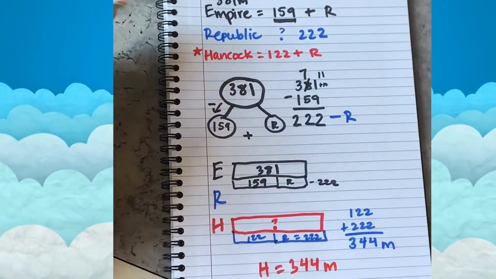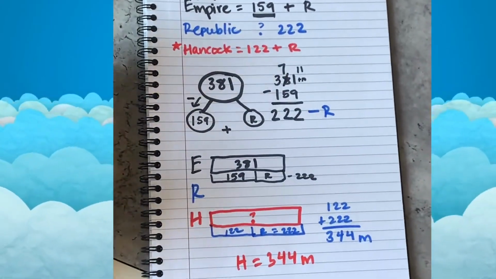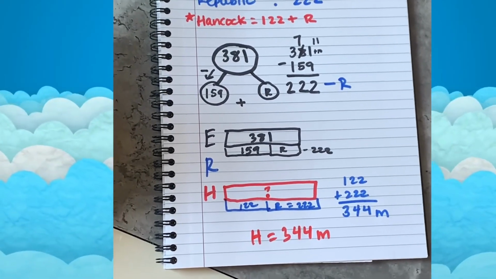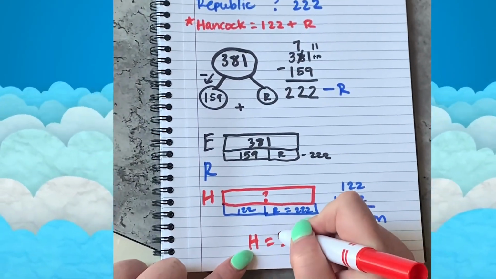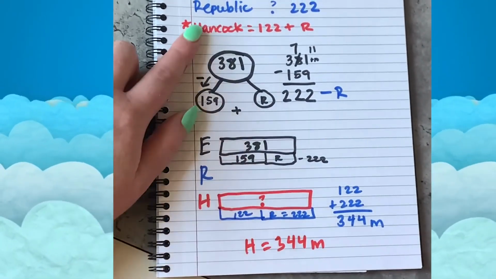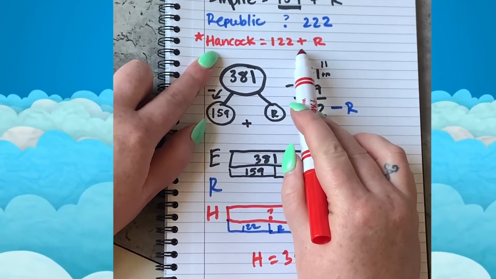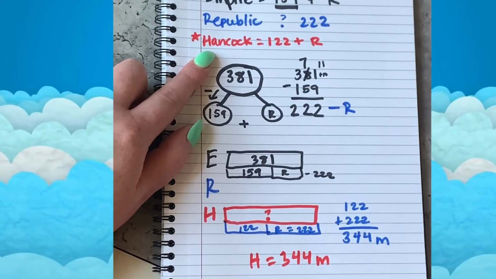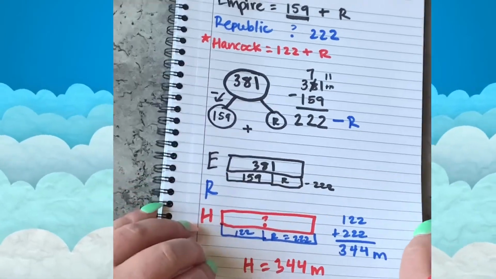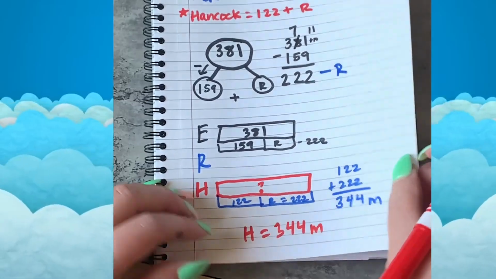Now I think I'm right, but my mathematical practices have taught me that one of the most important things is checking my work. So I want to make sure that I didn't make any mistakes. The problem tells me that the Hancock Building was 122 meters taller than the Republic Building. If I know the Republic Building is 222 meters, I want to set up a real quick number bond.